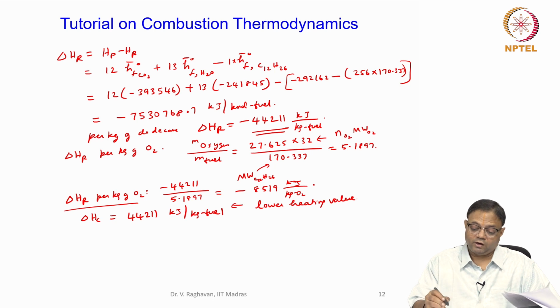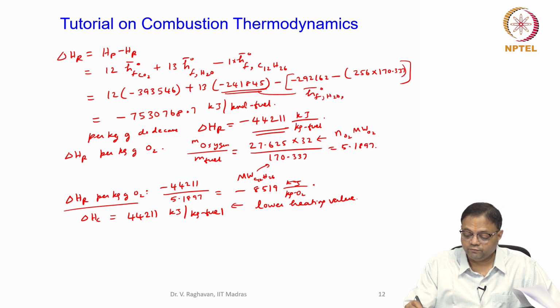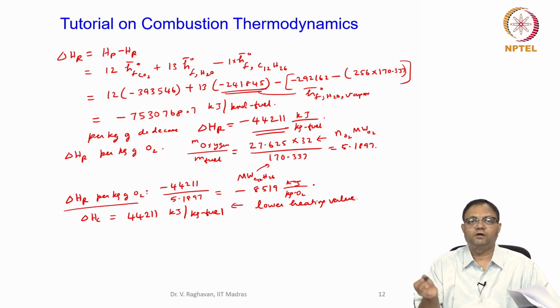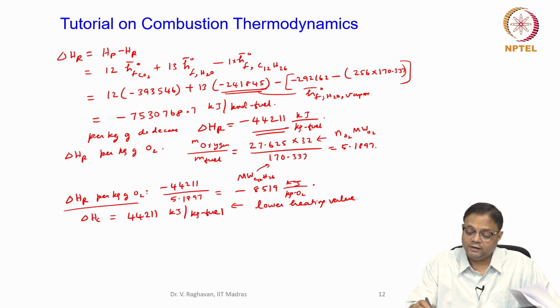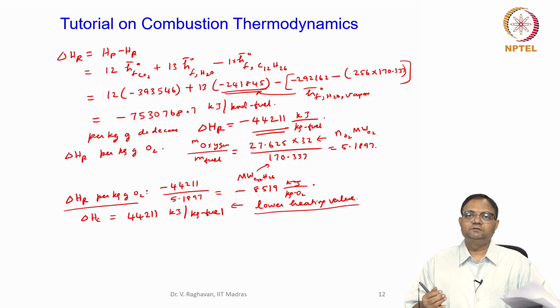Because the water vapor in the product is assumed to be in the vapor state, and the enthalpy of formation of the water vapor is taken into account. So the resulting value is called the lower heating value, because the water vapor still has some energy, which is the latent heat. By losing that, it will become liquid water.